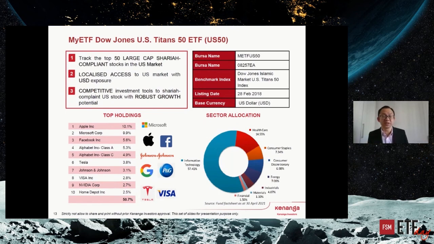So for investors, you don't need to do the homework on what is the new thing with great potential in the US, because the index itself will help you screen for the good quality ones. When a company's market cap grows big in the US, it will automatically be included into the ETF. So in the long run, we all know that the US has great potential, and this is something I want to share with you guys.